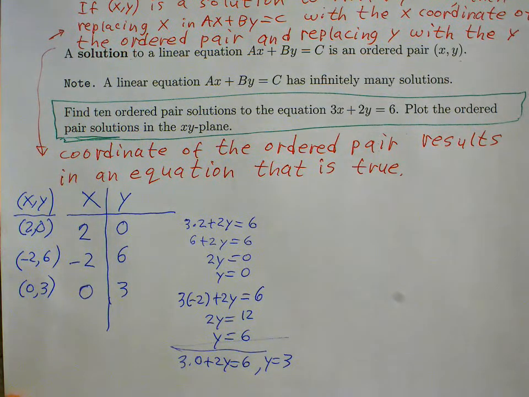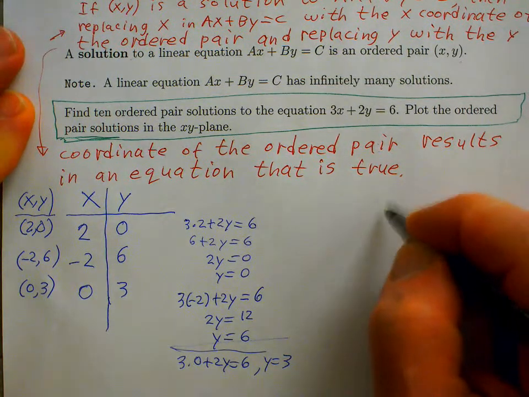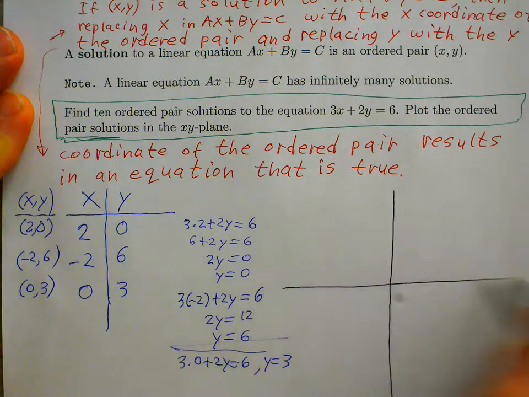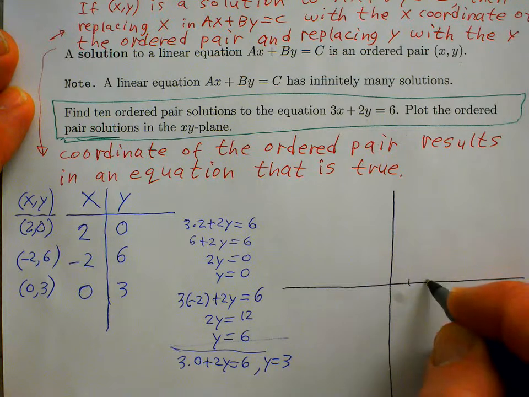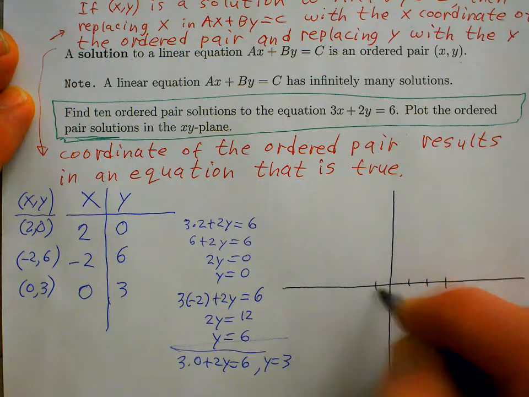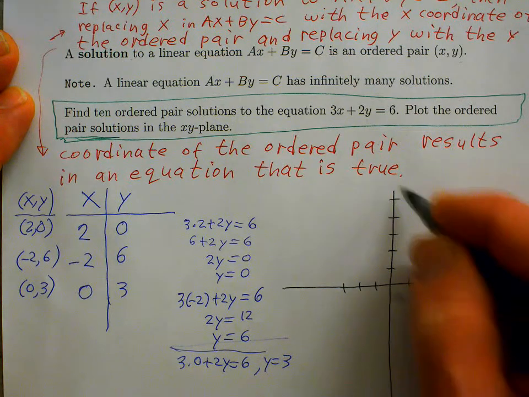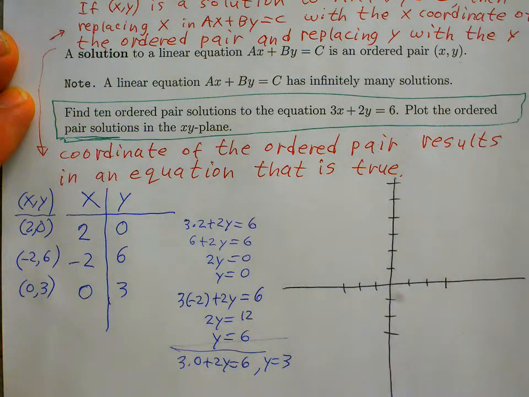Let's plot these points. We should be able to get the idea of what's going on if we plot these 3 ordered pairs, if we do it so it's at least believably accurate. One of the ordered pairs is 2, 0.